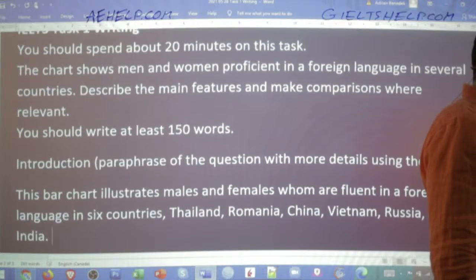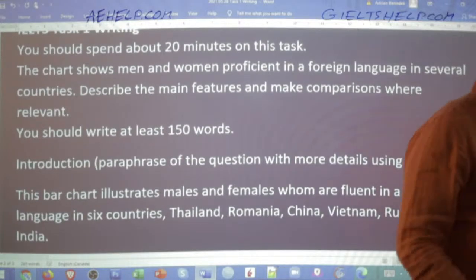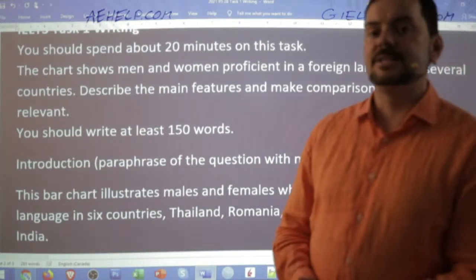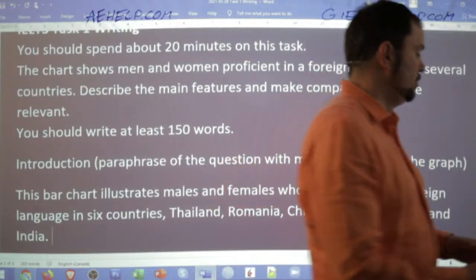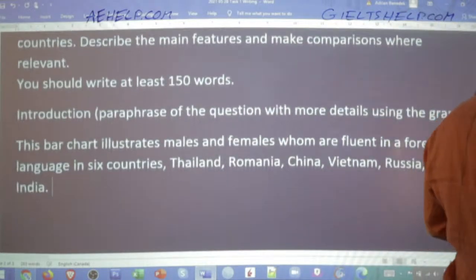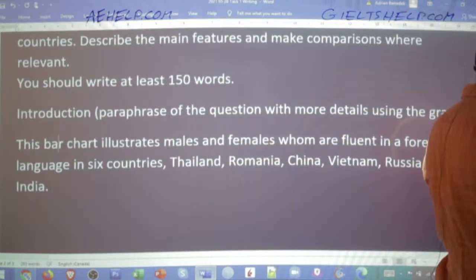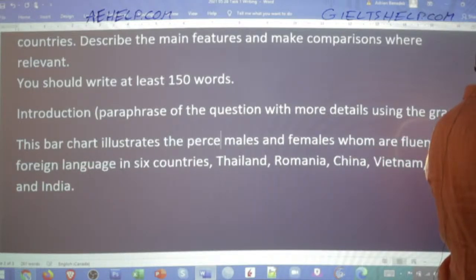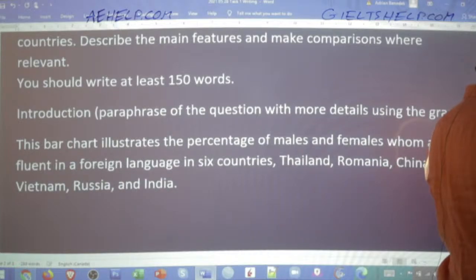All right. And if I want to get a little bit fancier, I might include something like, make sure you have the details here. The bar chart illustrates the percentage of males and females whom are fluent in a foreign language in 6 countries: Thailand, Romania, China, Vietnam, Russia, and India.